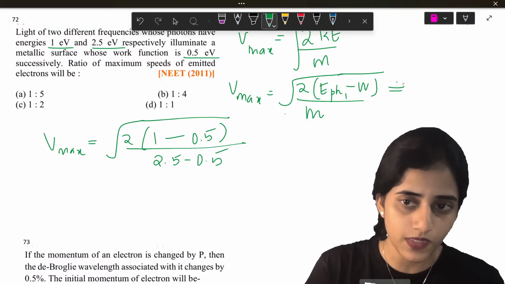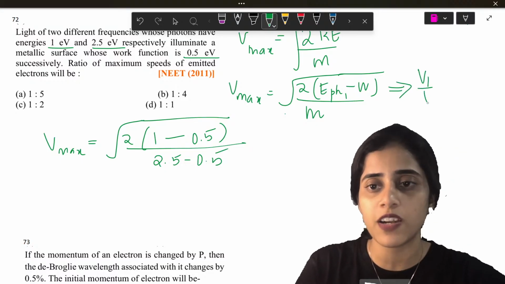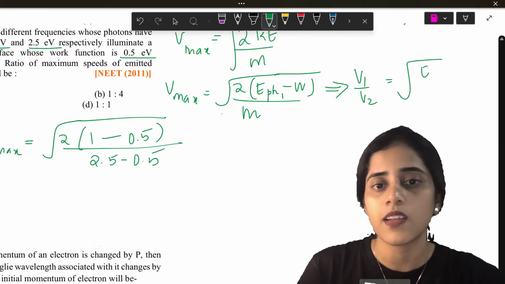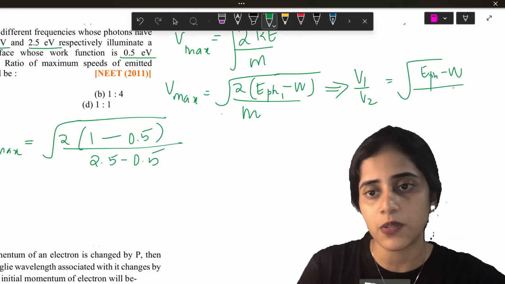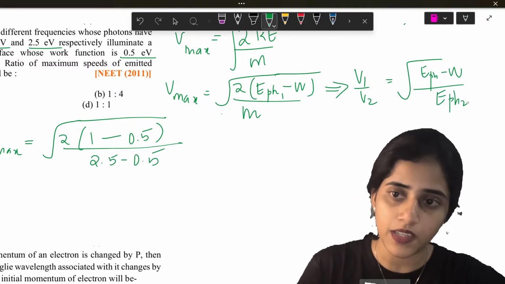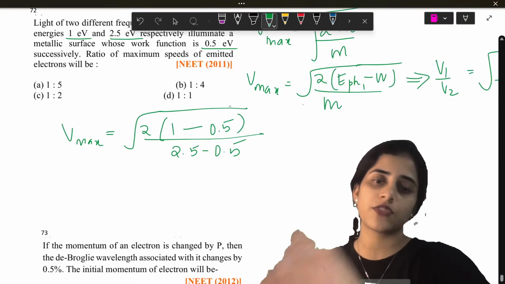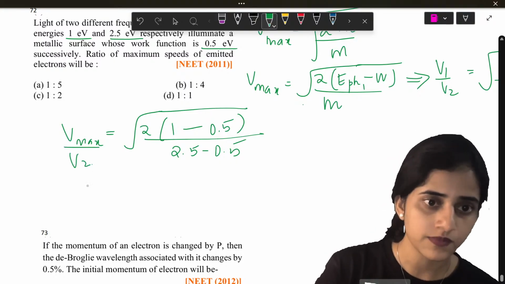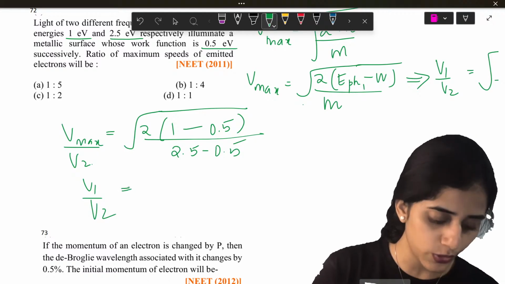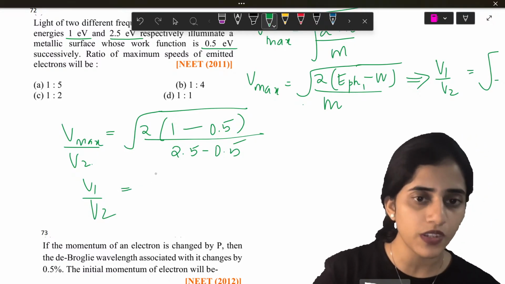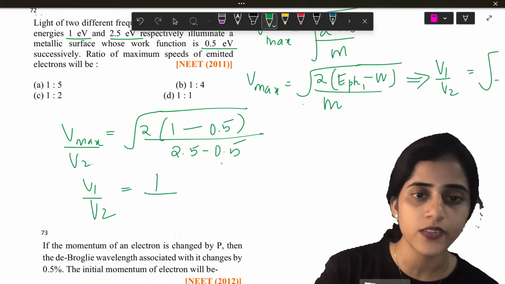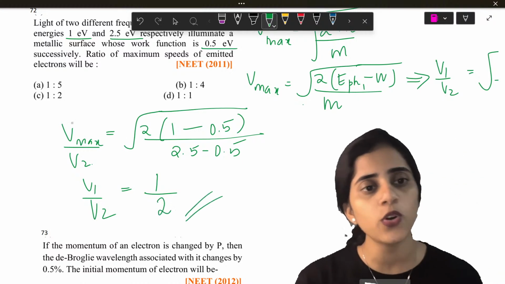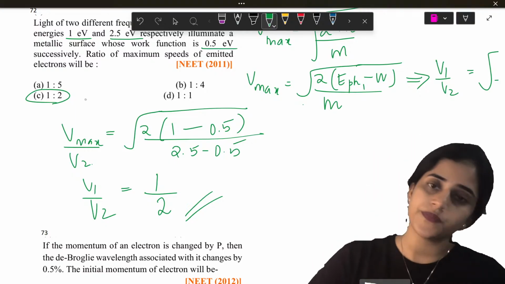But when you rearrange this formula and do V1 by V2, this is going to be equal to the square root of (E photon 1 minus W) divided by (E photon 2 minus W). That is what I forgot to write. Okay, now do this quickly. V1 by V2 is going to be equal to 1 minus 0.5, which is 0.5, by 2.5 minus 0.5, which is 2. So the answer is going to be 1:2.